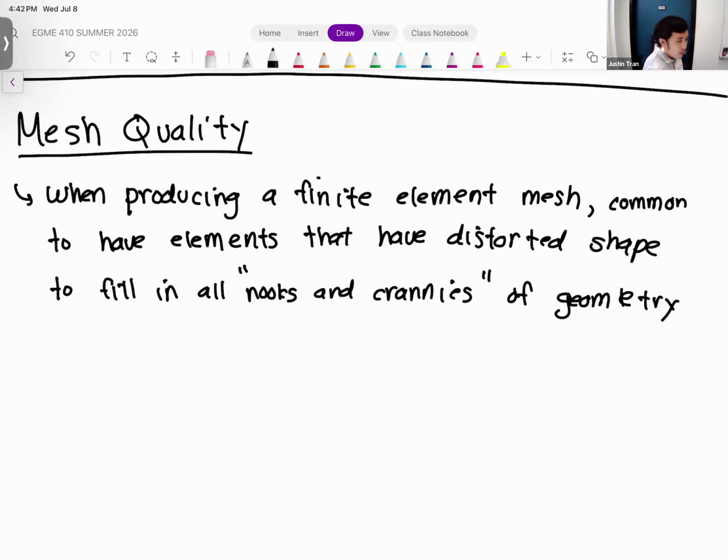All right. And if you remember from last week, ideally, all of the elements in your mesh should be equilateral in shape. That means all of the edges, all of the surfaces, all of the interior angles should be as close to equal as possible.